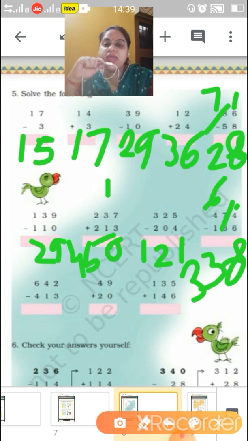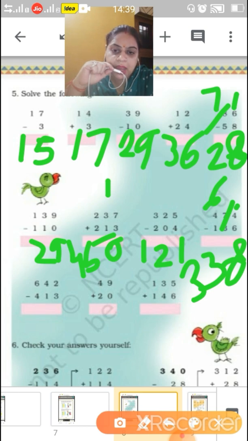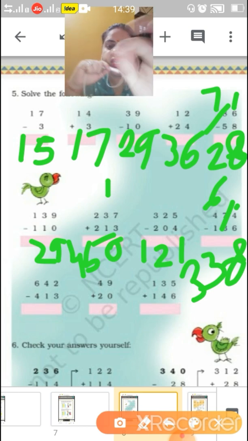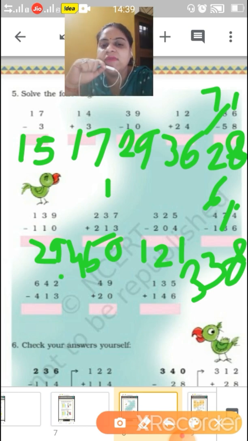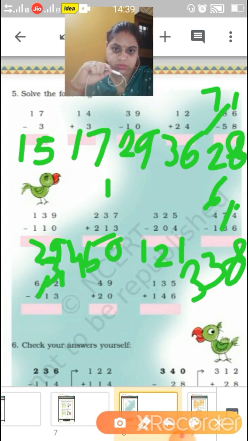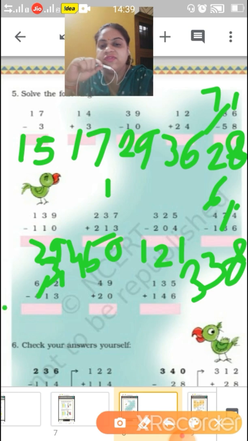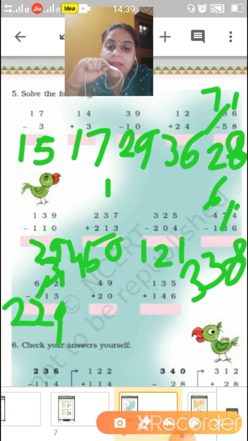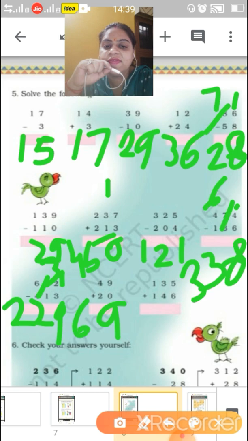Now come to next. 642 minus 413, that is 12. It becomes 12. It becomes 3. So your answer is 229. 49 plus 20, that is 9 and 6.